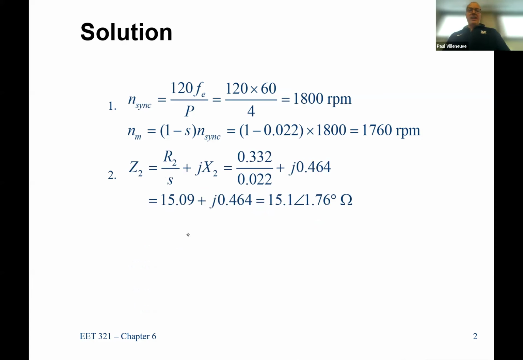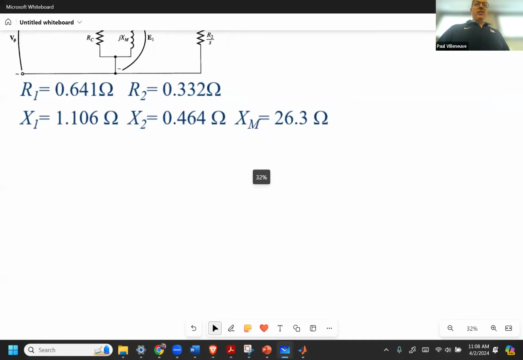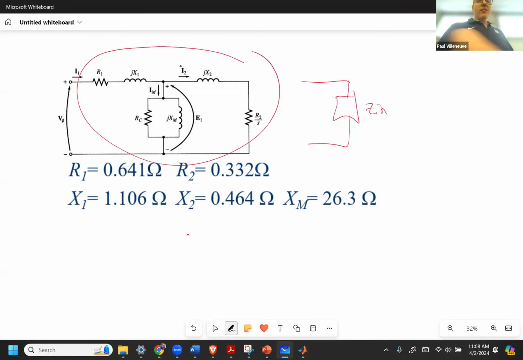Now we've got to go ahead and calculate our parameters. So we have to actually build our circuit over here. And we've got to start calculating what the Z in is of this entire application, the equivalent circuit.